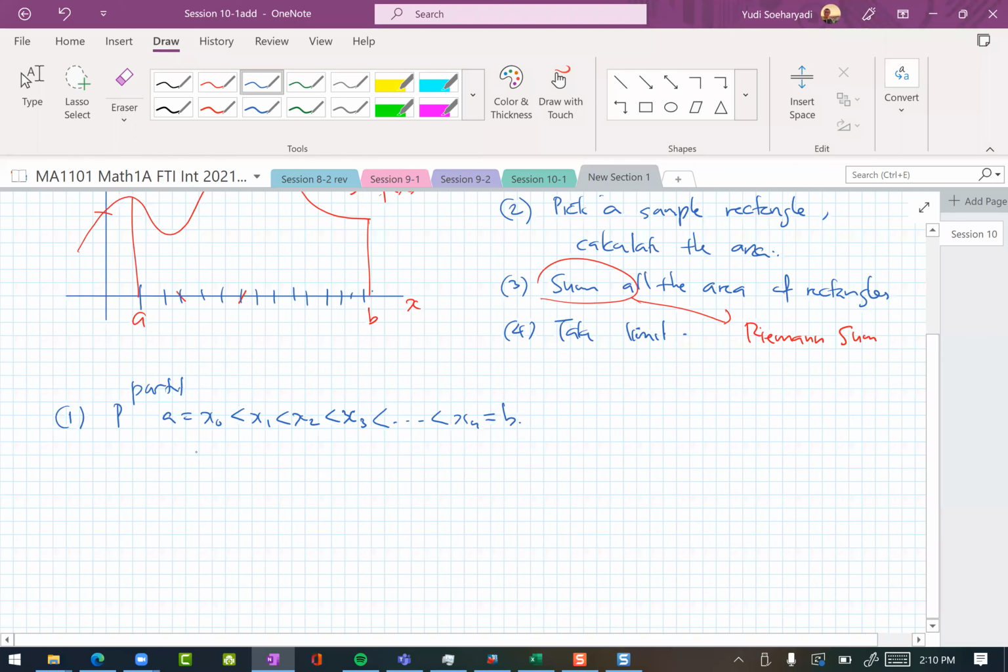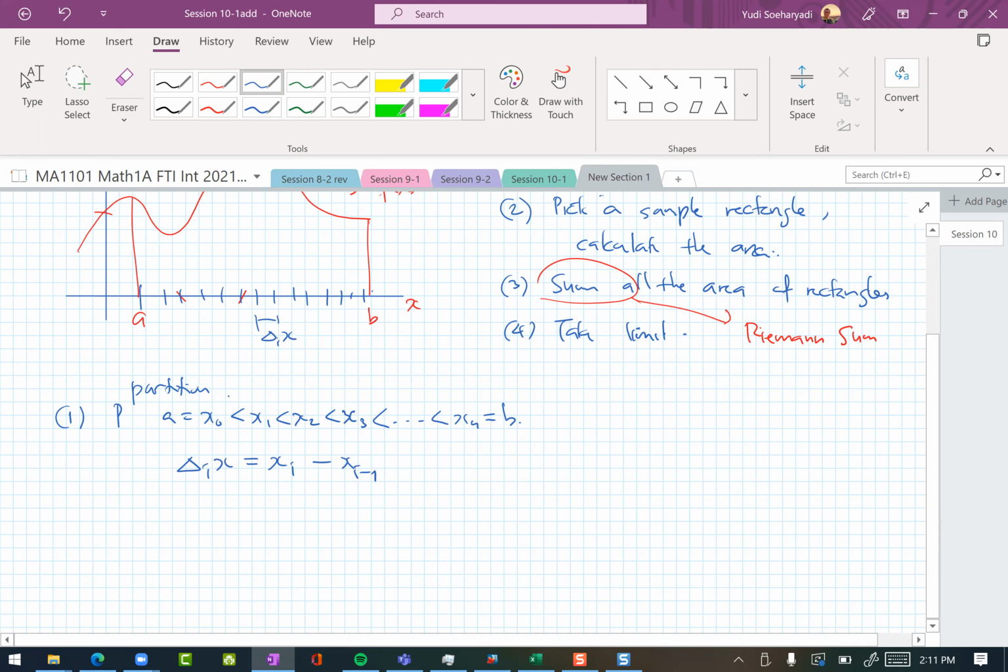And we call this delta x_i, which is x_i minus x_{i-1}, the length of each piece.